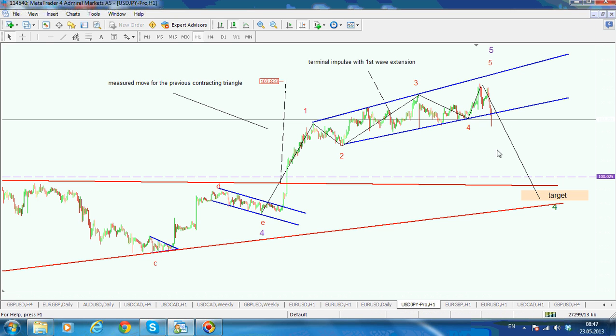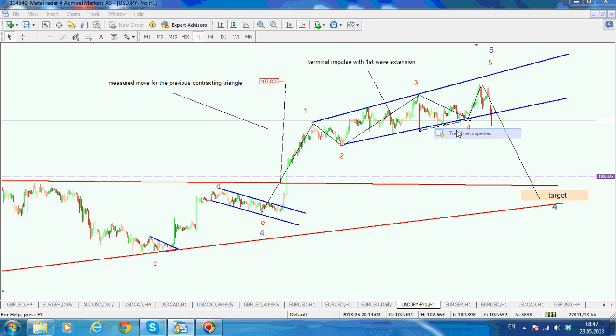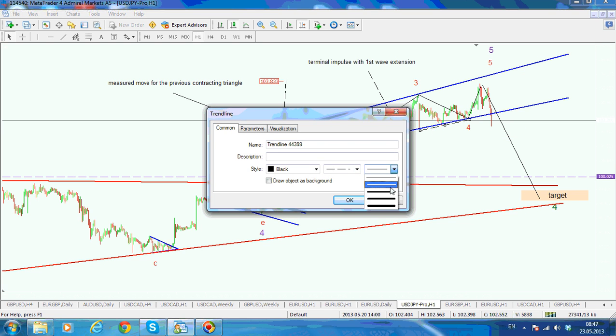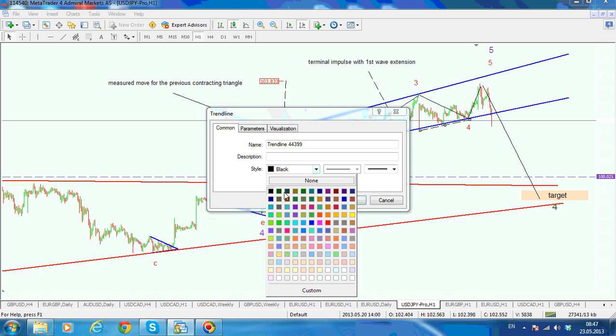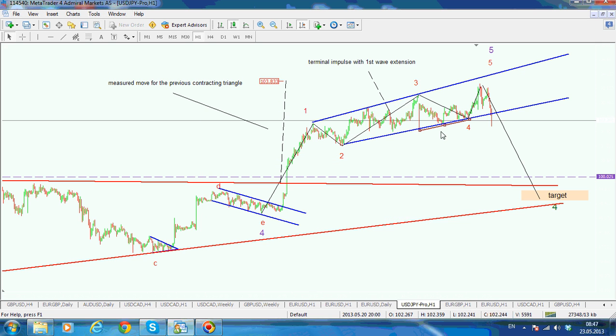Now also, if you take a look at this third wave here, sorry, this was the fourth wave, this was coming in the form of a contracting triangle with A, B, C, D, E. Okay, so a contracting triangle, something like this, that is typical for fourth wave types.